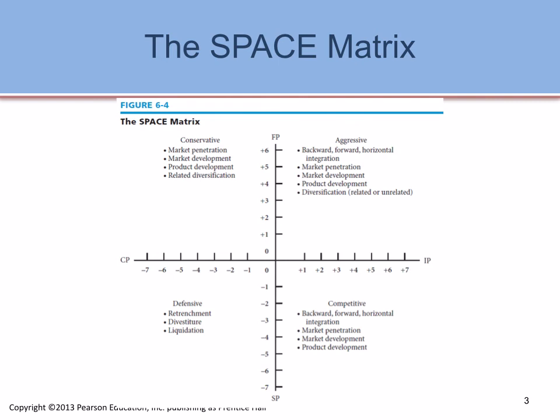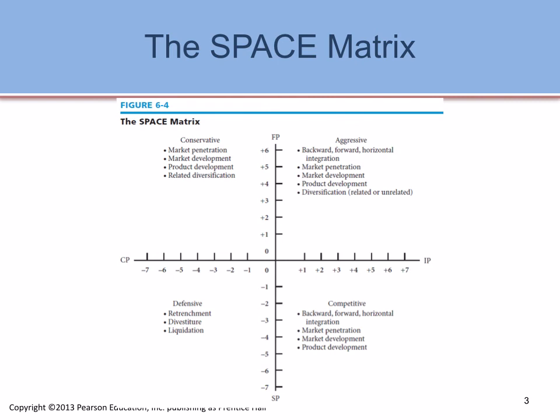So let's look at the financial position, which is FP. As you can see, FP is always positioned on the vertical positive, which is Y positive. Whereas the stability position, SP, is always positioned on the vertical negative, which is the Y negative axis.